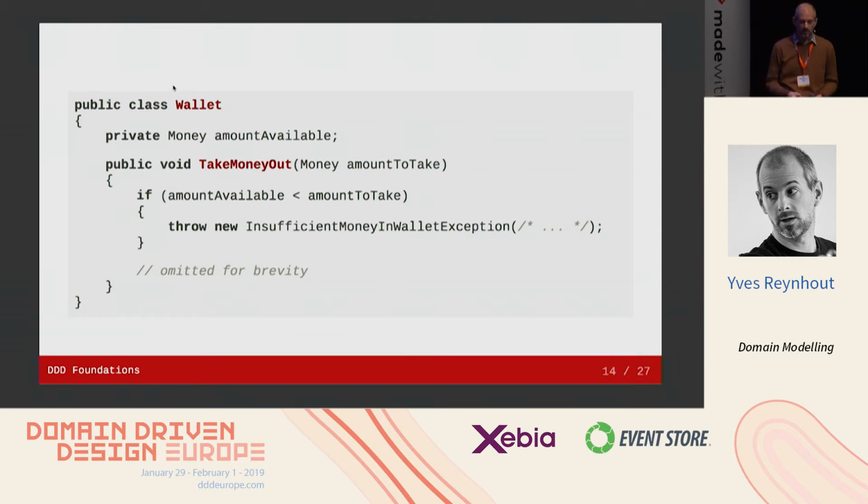But if there's not enough money in there, then I'm just going to say, well, there's insufficient money in my wallet. And again, that makes the conversation a little bit more interesting. And our model starts to grow in knowledge that it's capturing of what's happening in the domain, even though my wallet is a really trivial domain, if you think about it.